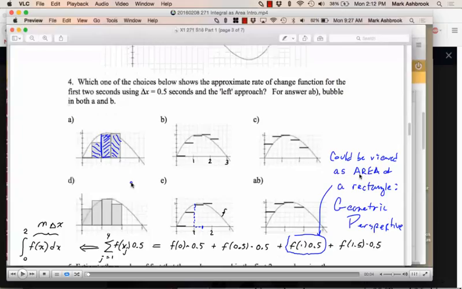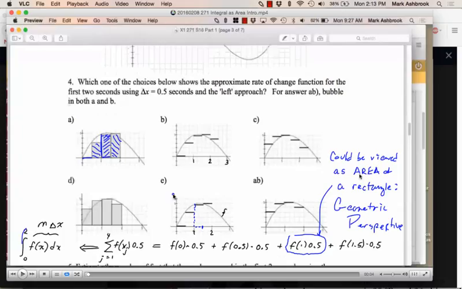Okay, so this sum right here, we said is the approximate amount of change of our quantity, but it's also this amount of area, the sum of all these areas, where this is a 0 area here. So then the question is, as those rectangles get smaller, what will our integral represent? So let's take a look at that.